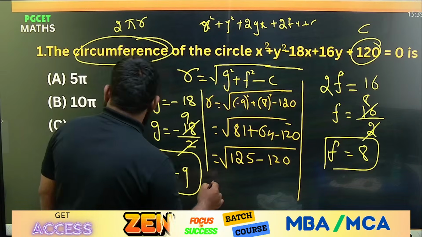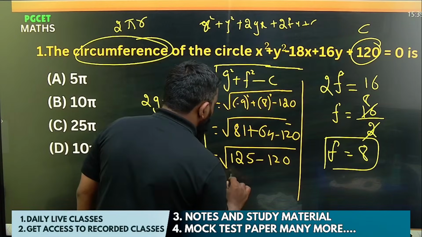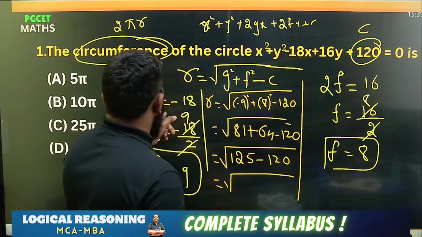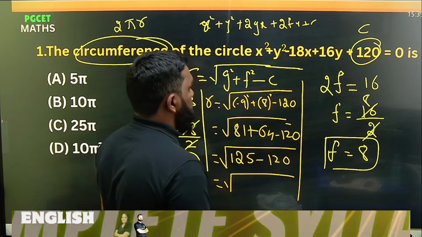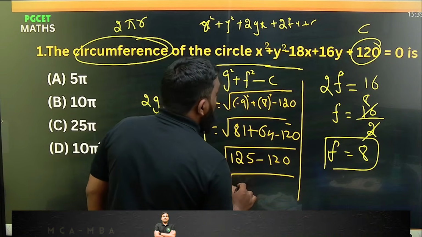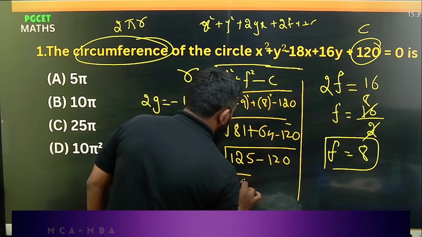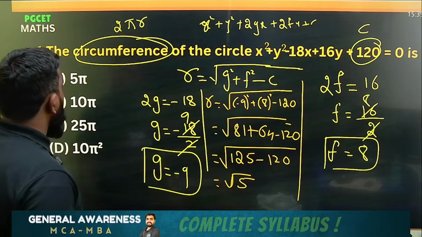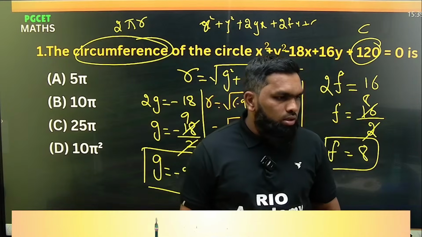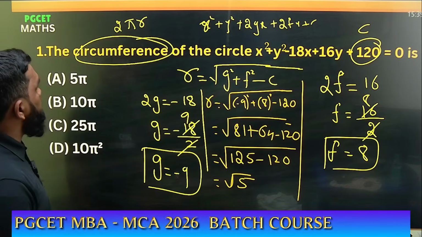Now we calculate the square root of 25, that is 5, so r equals 5. Here we need to find the circumference, that is the equation of the circle.